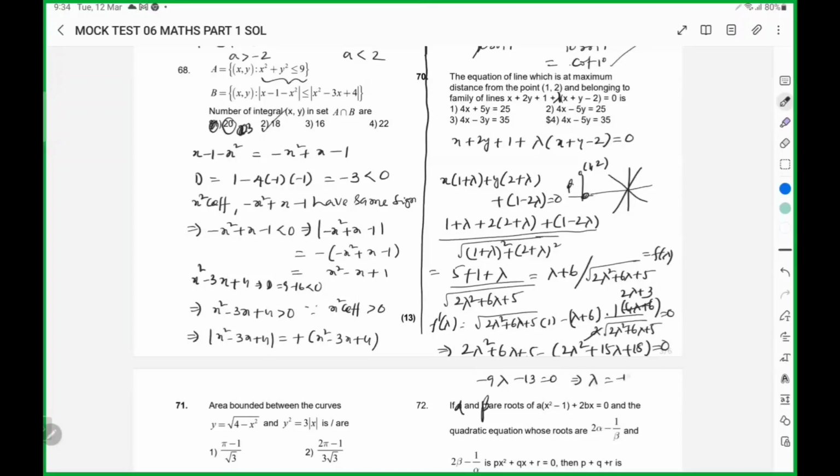Lambda is, substituting here, 9x plus 18y plus 9, 13x minus 4x, 9 plus 26, 35. So fourth option.